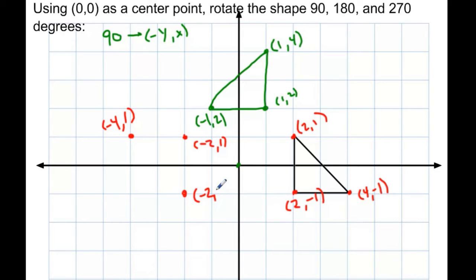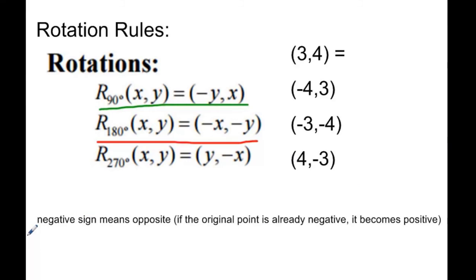Connect our dots, and our triangle has rotated 180 degrees, which once again is -x, -y.